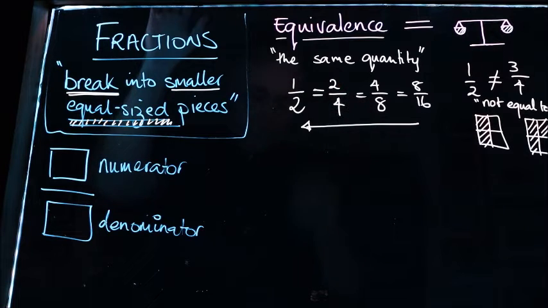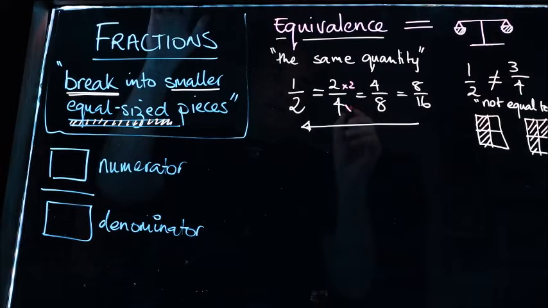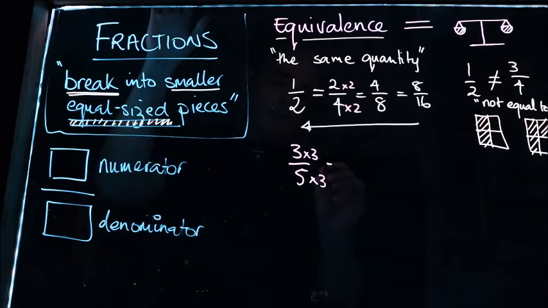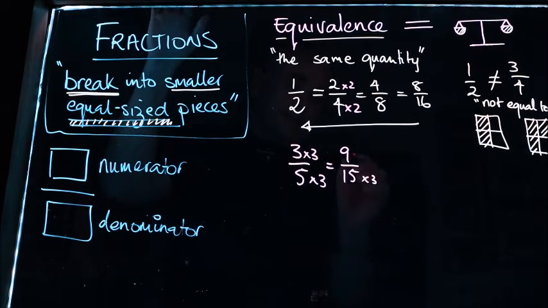All right, so let's just try. In essence, what we did here was multiply things by 2. We just doubled them. Okay, we can create equivalent fractions. Let's try 3 over 5, and this time let's multiply the numerator and the denominator by 3, so we get 9 over 15. And let's keep that pattern going.